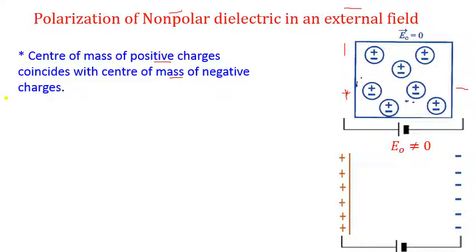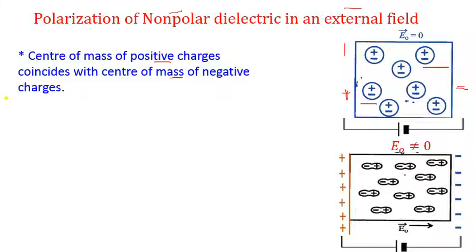Since this end is positive, negative charges will shift in this direction, and this end is negative, so positive charges will shift in this direction, and there is separation between positive and negative charges, or like this we can show it. See, these negative charges are shifted here and positive charges are shifted in this direction, and we can say negative and positive charges are separated by a certain distance, or it is polarized.